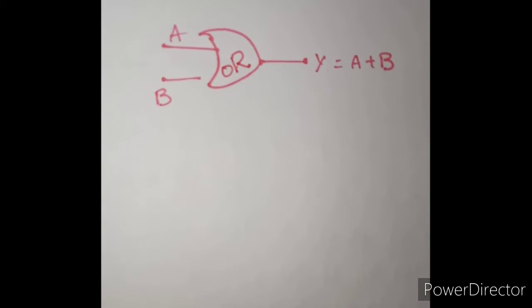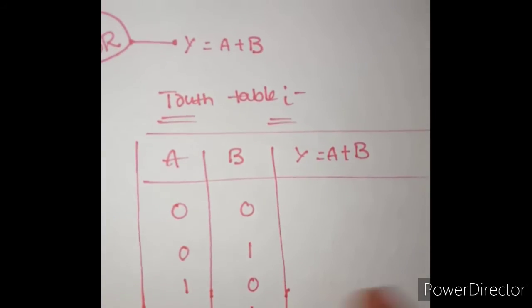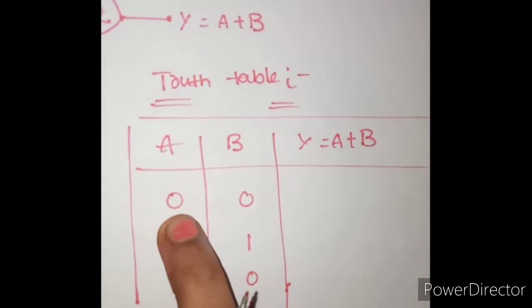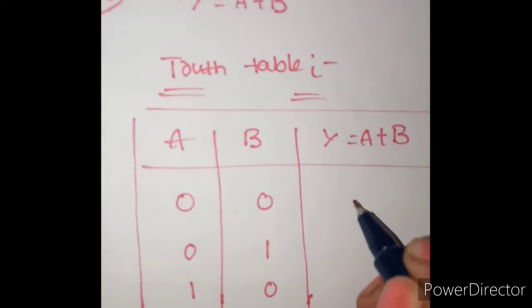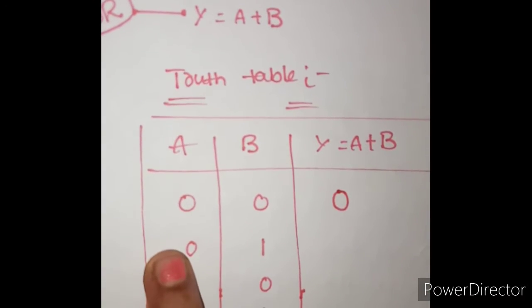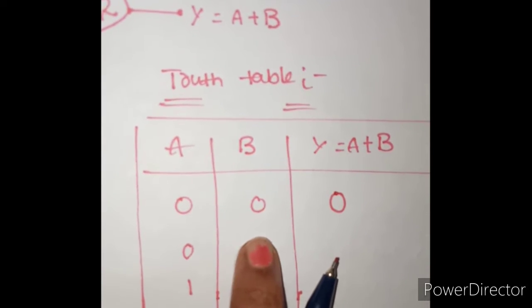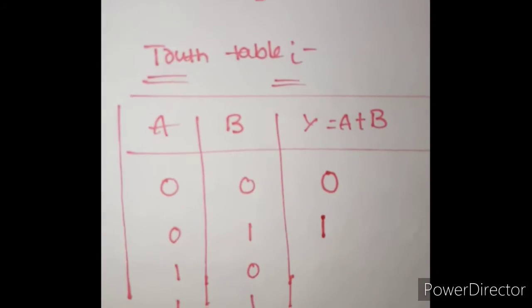Coming to the truth table of an OR gate, see here, when both inputs, that means A is equal to 0 and B is equal to 0, then the output is 0. When A is equal to 0 and B is equal to 1, then the output is high. That means 1.